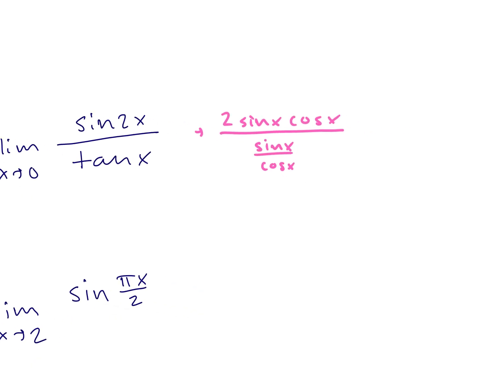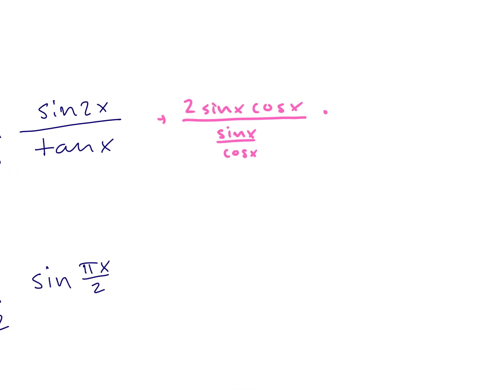Perfect. So we can change, flip, keep the top, change to multiplication, flip the bottom. So we've got cosine of x over sine of x. Sines are going to cancel. So we're left with 2 times cosine squared of x. Just cosine times cosine would be cosine squared.